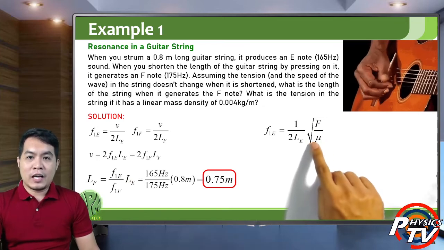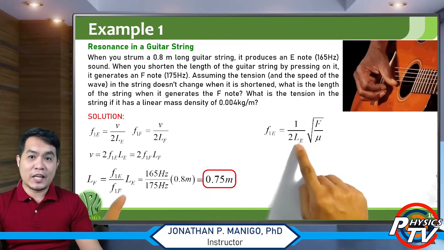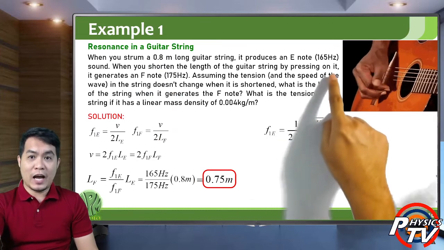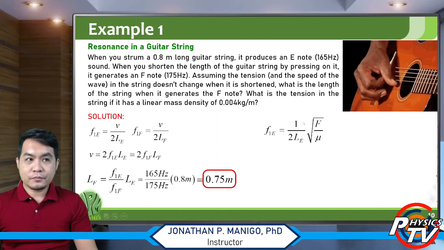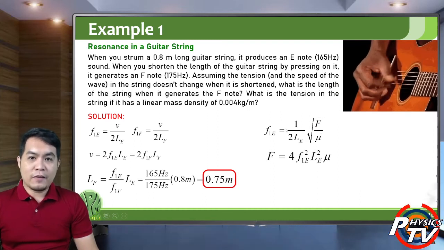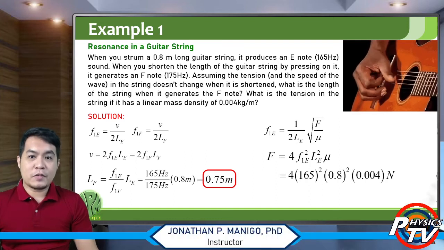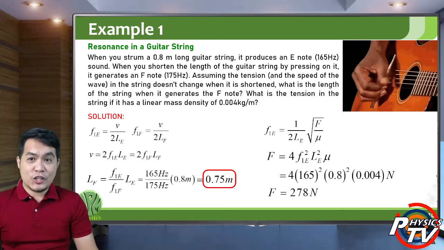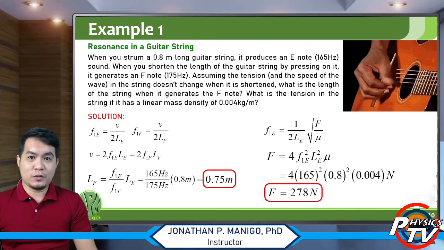Mu, the linear mass density, is given, the length of the string when it generates the E note is given, 0.8 meters, and the frequency of the E note is given, 165 hertz. So the only unknown here is F. Solving for F, F is just 4 f1 squared L squared times mu. Substituting all the given values, you will get the tension in the string to be equal to 278 newtons.